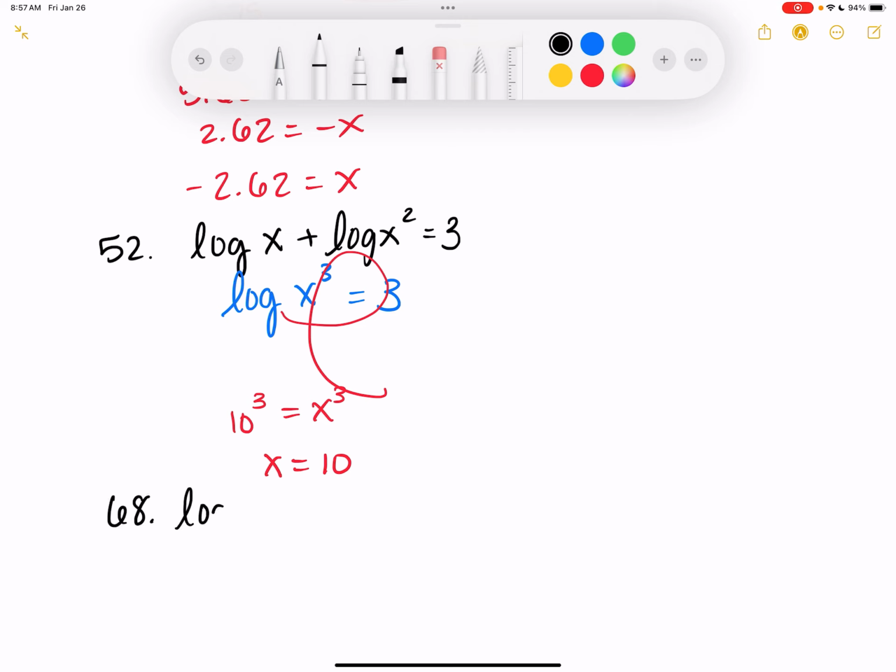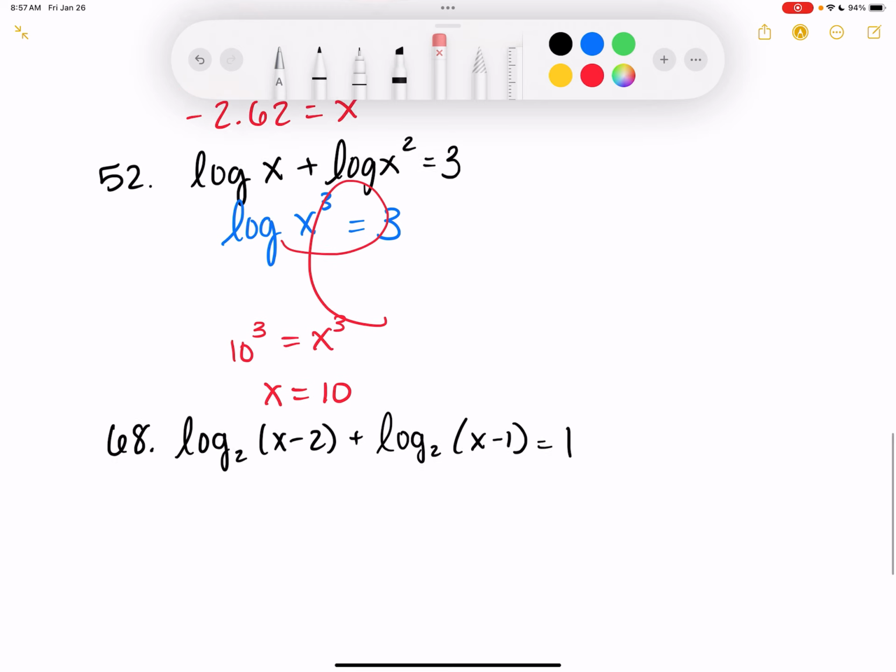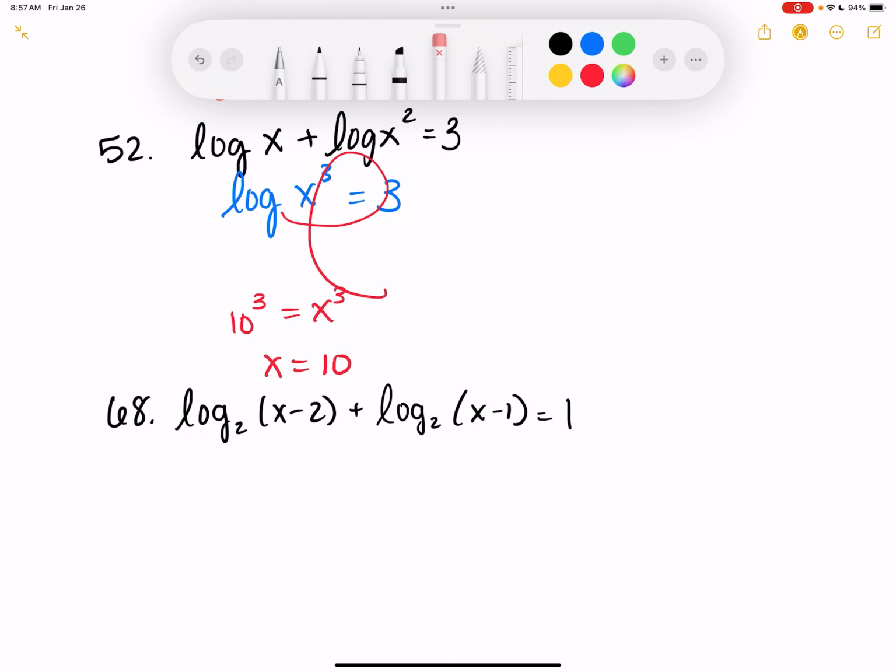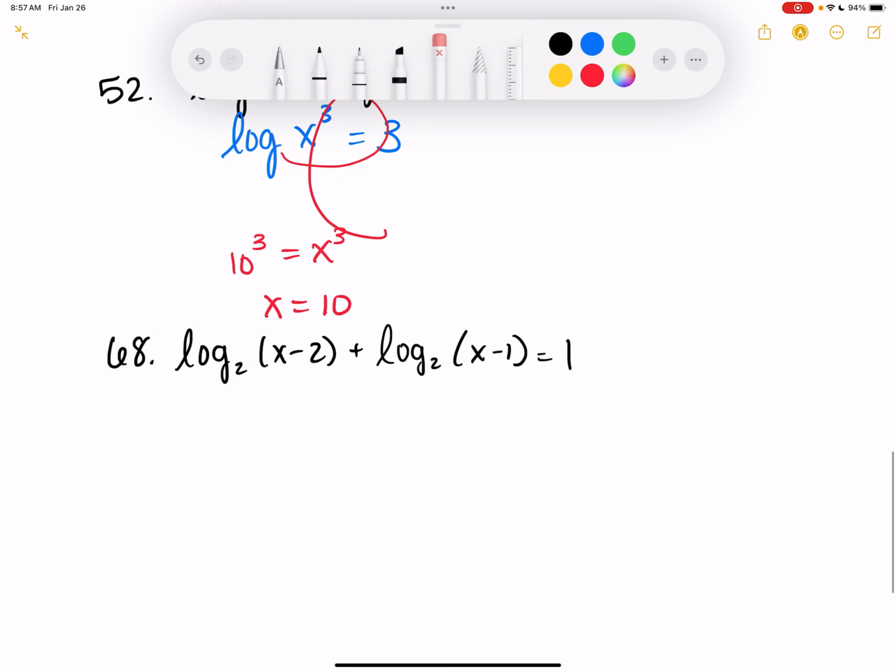Log base 2 of x minus 2 plus log base 2 of x minus 1 equals 1. You would have to, what's it called?